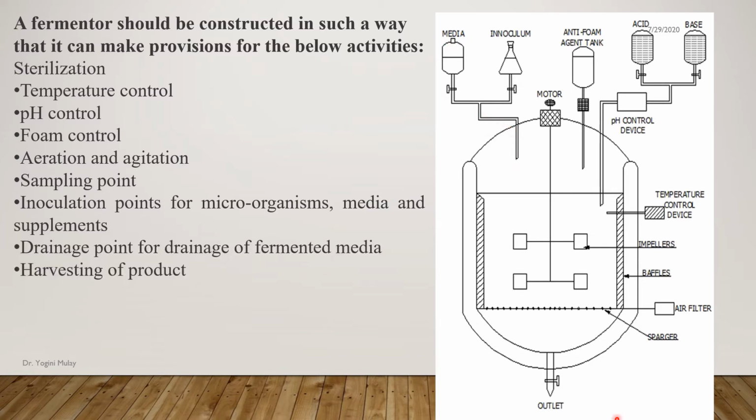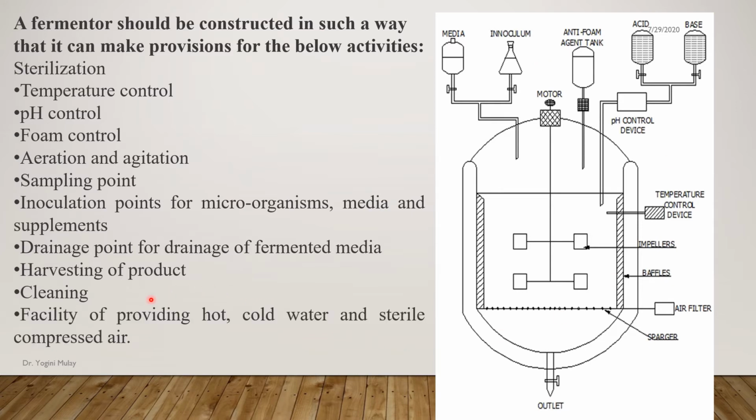There has to be a drainage point or outlet for the fermented media or harvesting of product. And we should be able to carry out the cleaning of this fermenter. And there has to be a facility for hot water, cold water, as well as sterile compressed air. So the fermenter should be designed in such a way that there is a provision for all of these different activities.